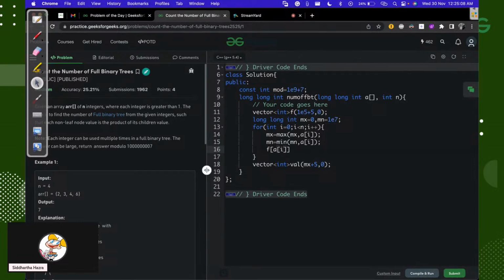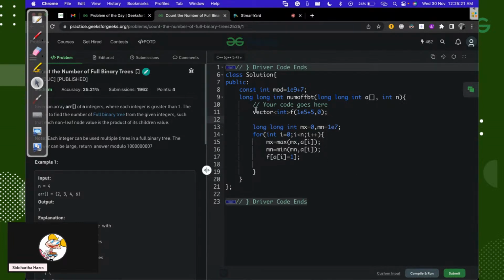So f of a of i is equal to 1 itself. And this can also be there. Copy and paste, and this was equal to value, right?